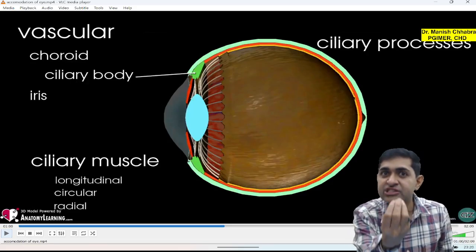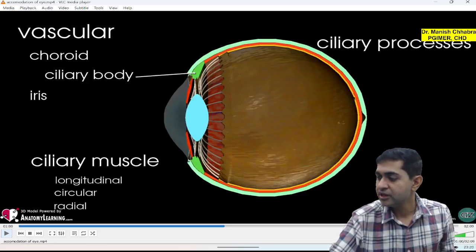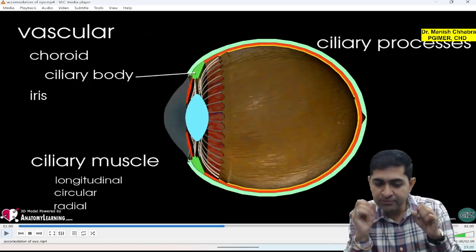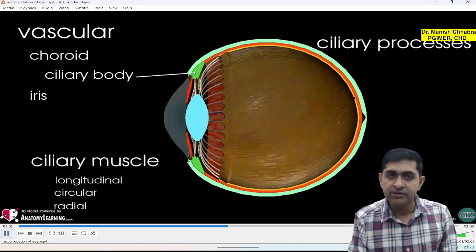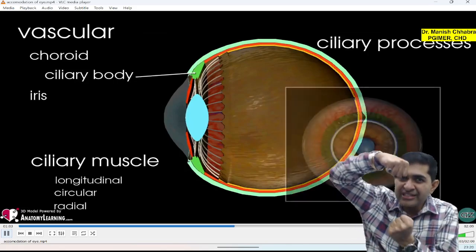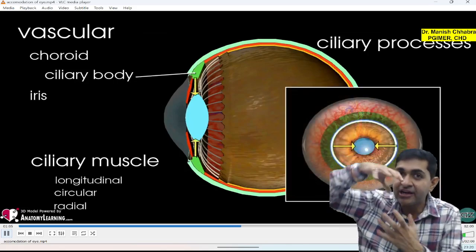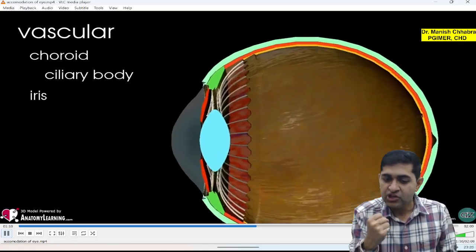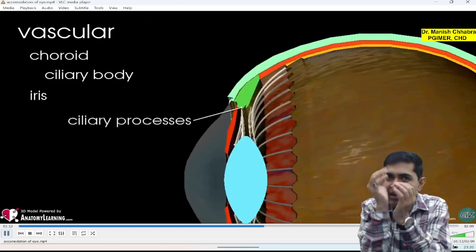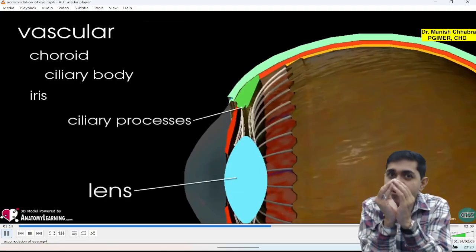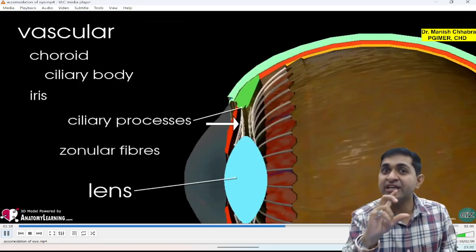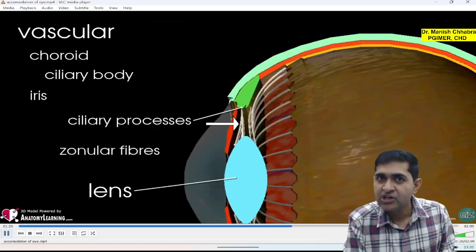Now there are threads or lens zonules which are attached to the ciliary body. So when ciliary body will contract, the zonules which are stretching the lens will become relaxed, but lens has a tendency to collapse. As a result the lens will collapse and become very thick. Thick lens leads to increase in the power.